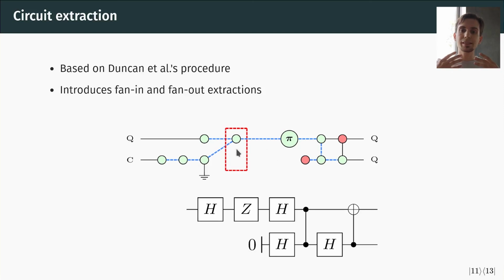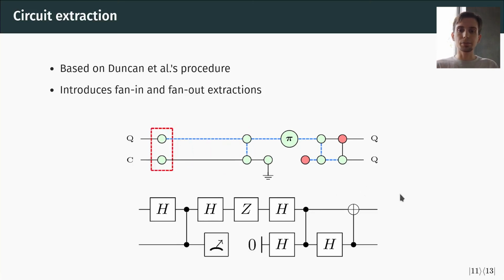Here, since we know the diagram has a gFlow, we can prove that at least n-1 of these unextracted spiders are grounded spiders. So we can extract them as a measurement on a qubit and then just discard the classical result.